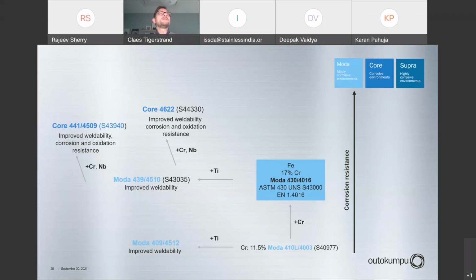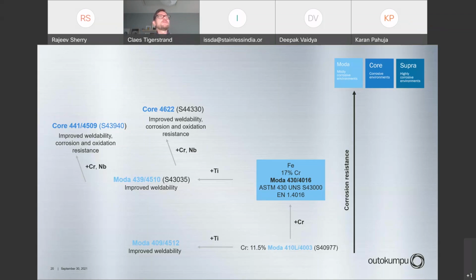So now note that with the grades 441 and 4622, we have entered into the core range. And the core range means that you have higher corrosion resistance than you have in the Moda range. Core is typically where you have the 3 or 4 type of grades.